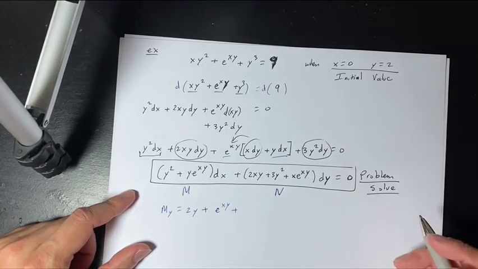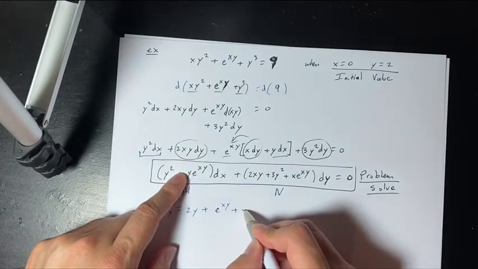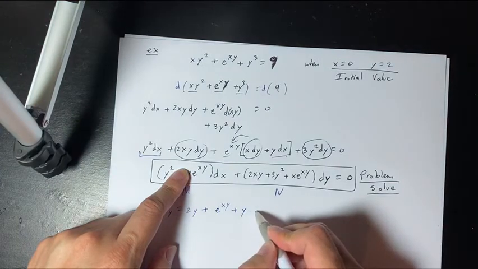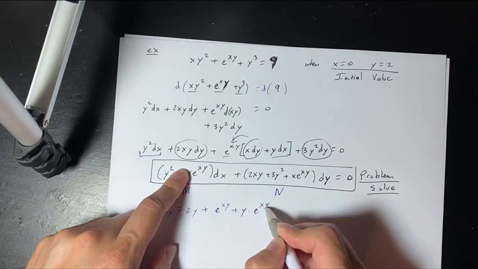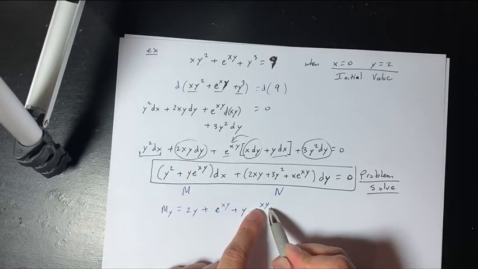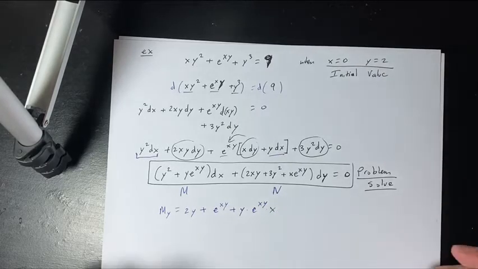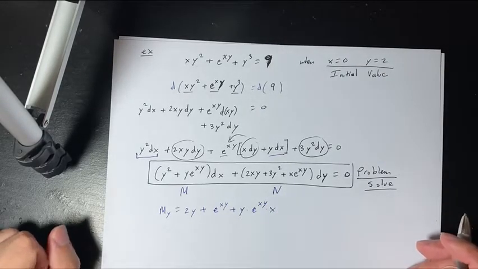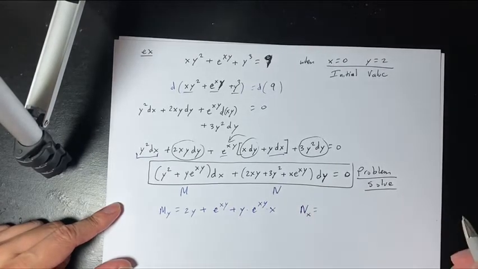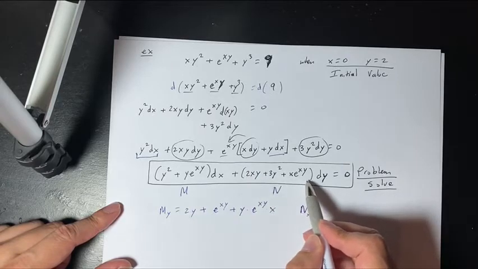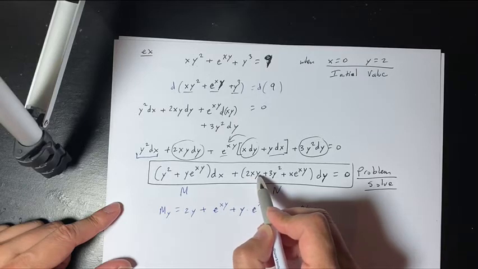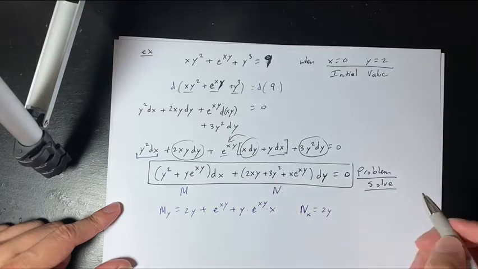Plus, now I'm going to keep my y and differentiate e to the xy with respect to y. Well, that'll be e to the xy. Chain rule tells me I have to multiply by the derivative of this with respect to y, and that'll be x. Now I'm going to differentiate N with respect to x. So if I differentiate this with respect to x, well, the derivative of 2xy with respect to x will be 2y.